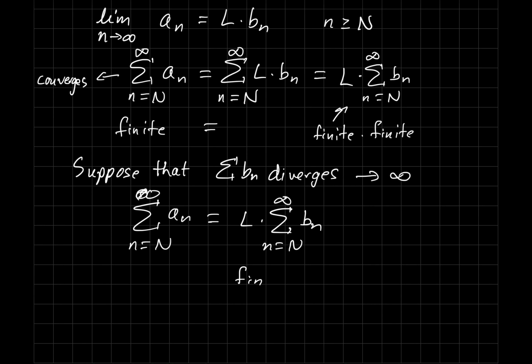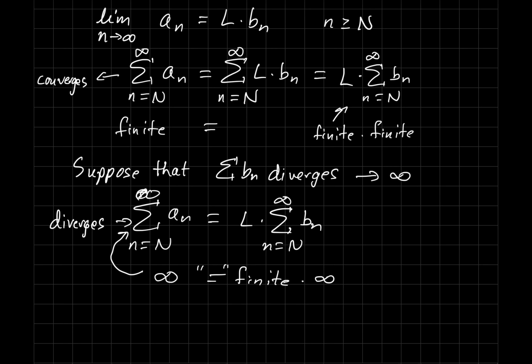L is finite, but my series of B is infinite, which means that my series for A must be infinite as well, which implies that the series for A diverges. So if I have series that look the same, they do the same.